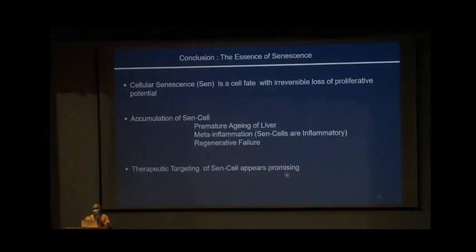So coming to the conclusion, what we now know is that it is very important to know the cellular fate. I only covered the regenerative failure because of growth arrest. Cell death is also very important. The accumulation of senescent cells can cause premature aging of the liver.